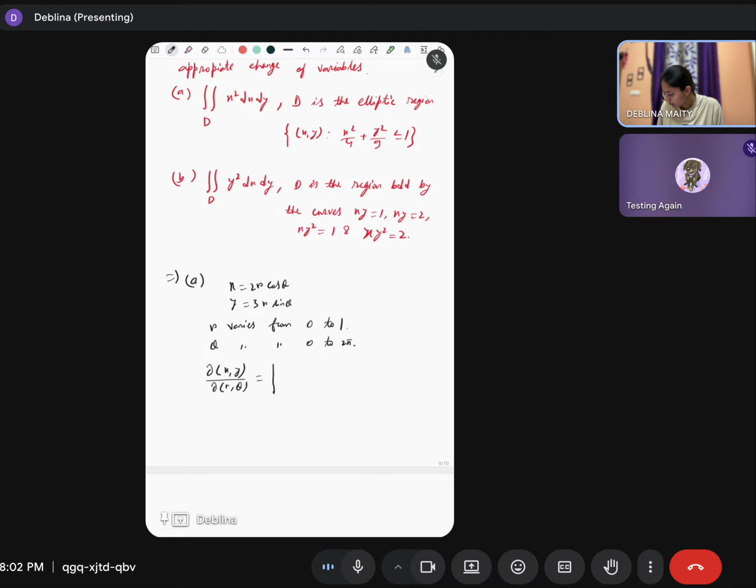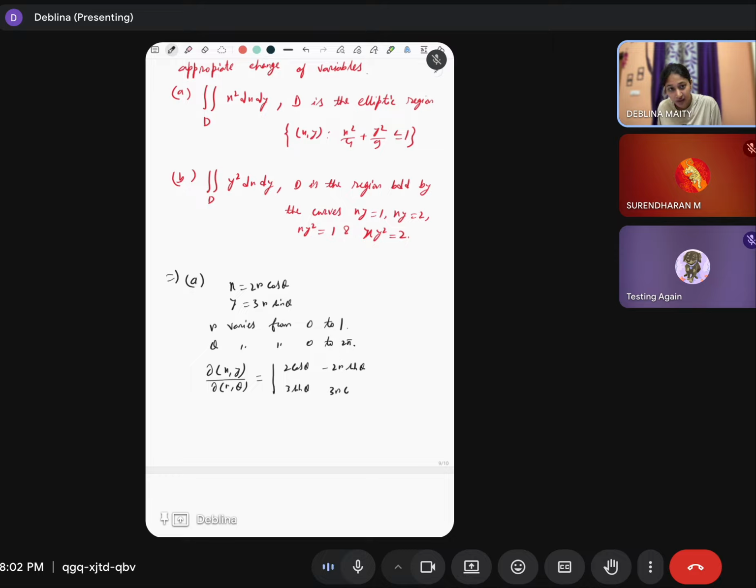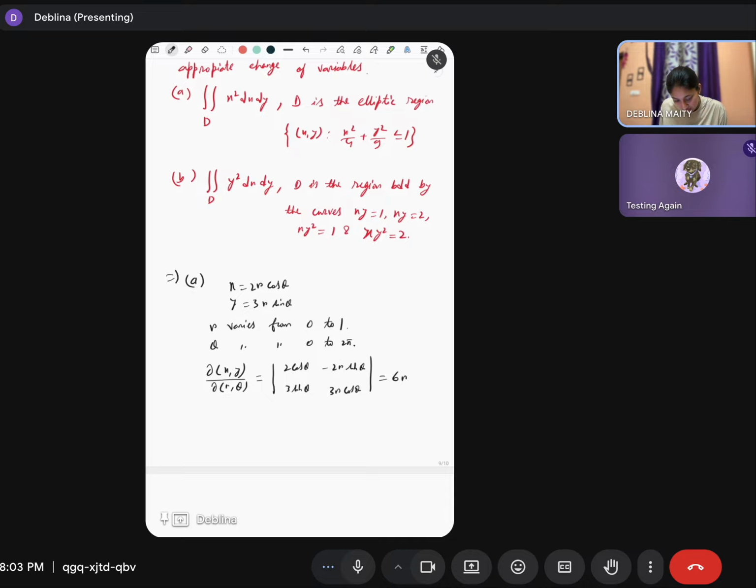If we quickly do this, this will be 2 cos theta, minus 2r sin theta, 3 sin theta and 3r cos theta, right? And this is 12r. Oh, sorry, 6r. Cos square plus sin square, this will be 6r.